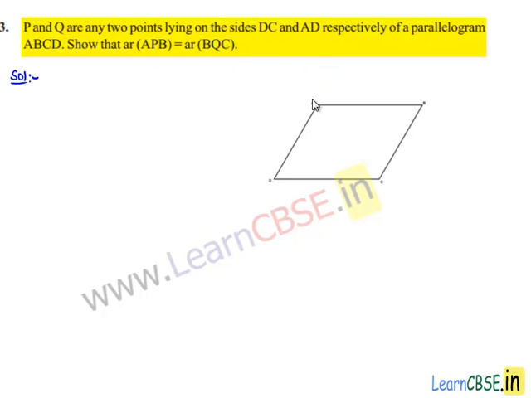Now, considering the parallelogram ABCD, it says that P lies on DC. So let us represent that point P, which is lying on DC, and Q lies on AD. Let us also represent the point Q somewhere on AD. We are asked to show that area of triangle APB is equal to area of triangle BQC.